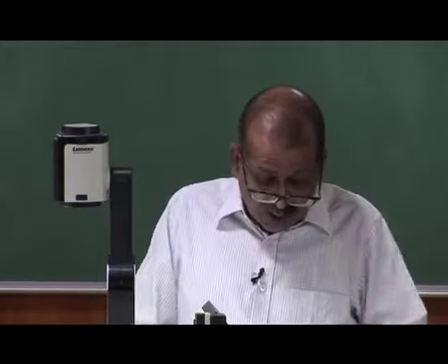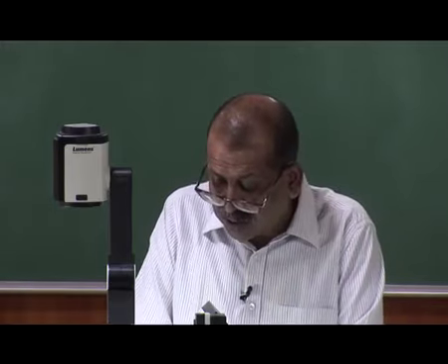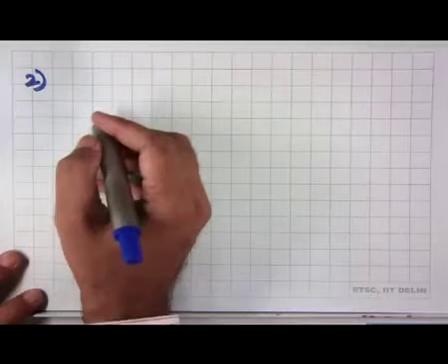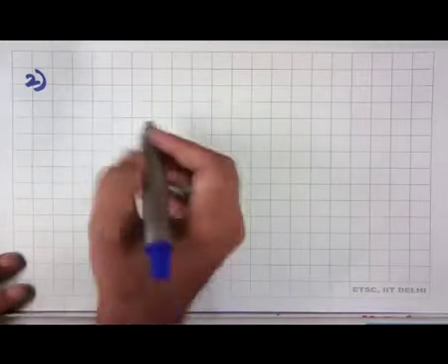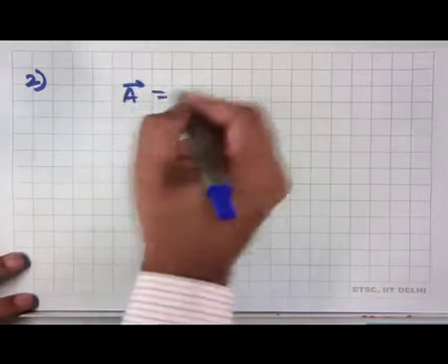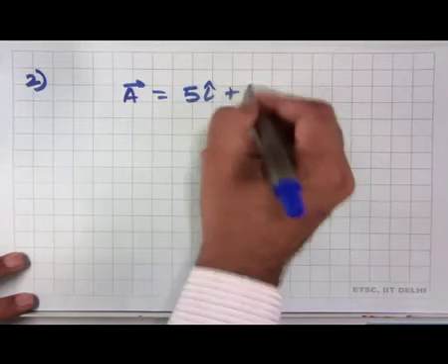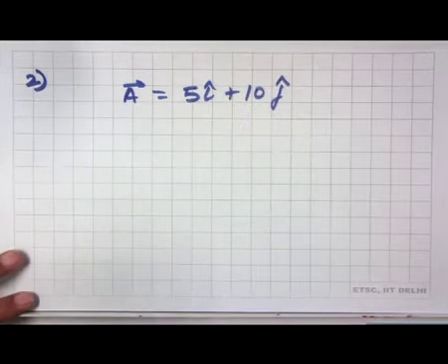Now, let us take a small example again. Suppose we are given vector A, which is equal to 5i plus 10j.